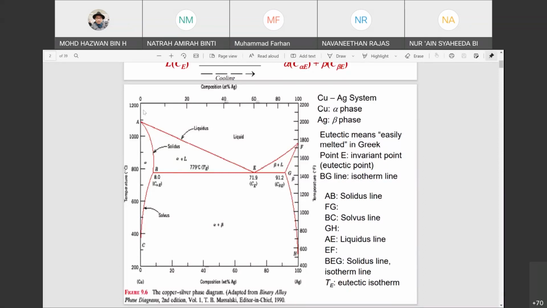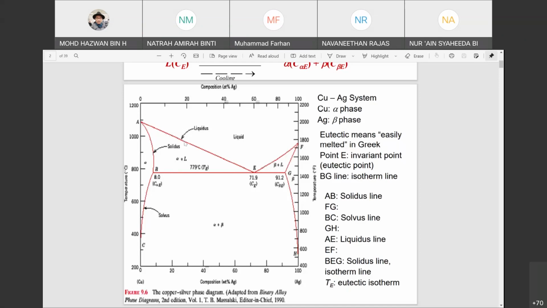On the top, of course, at higher temperature it exists as liquid, and in between you have a mixture of these two elements. For example, if the liquid is bordered with alpha, you have alpha plus liquid, and if the liquid is bordered with beta, then you have beta with liquid.